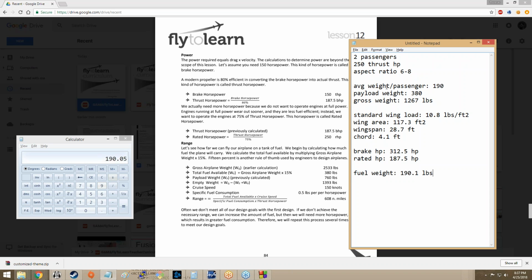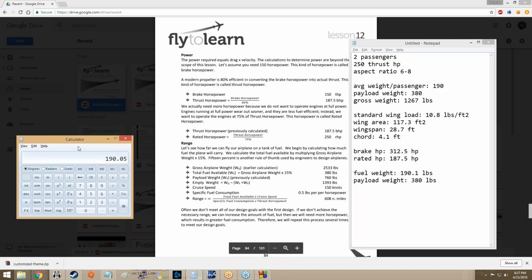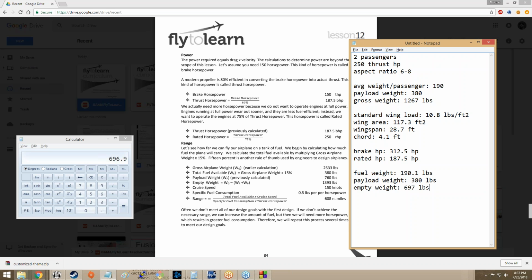If the payload weight is 380 pounds, then our payload plus fuel is 570.1, so 1267 minus 570.1. Our empty weight, with no fuel and no people in it, is 696.9 pounds.